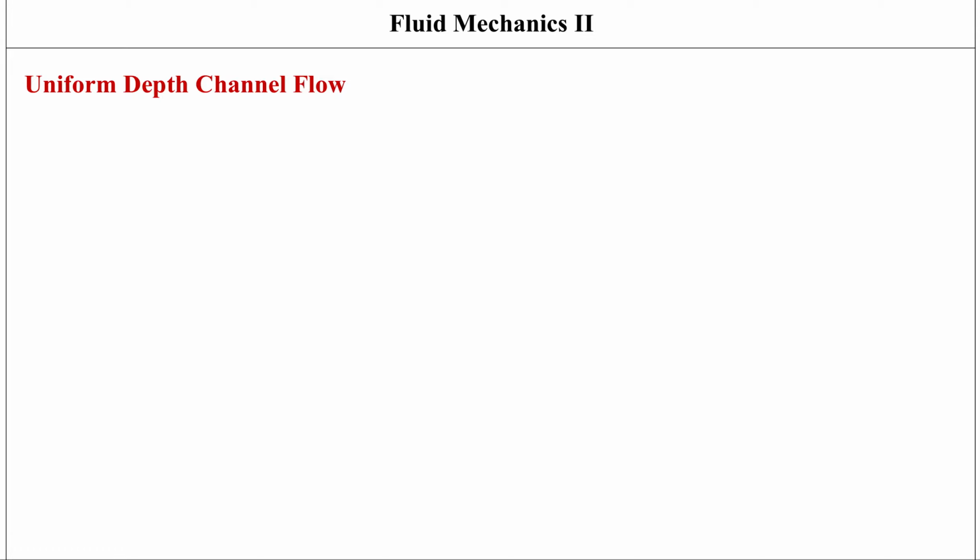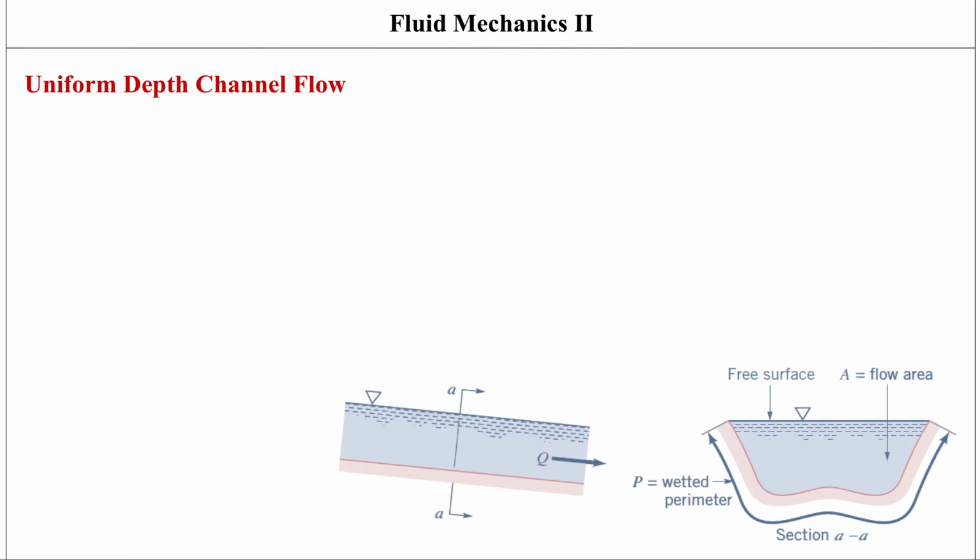why these terms are important for a uniform depth open channel flow, because on the basis of these then we go ahead and see, so for example this is the uniform depth open channel flow. So for this, what we see is that we have an age-old equation, probably one of the oldest equations in fluid mechanics, and it's called the Chezy equation, which is given in terms of the hydraulic radius and the slope of the bottom of the channel.